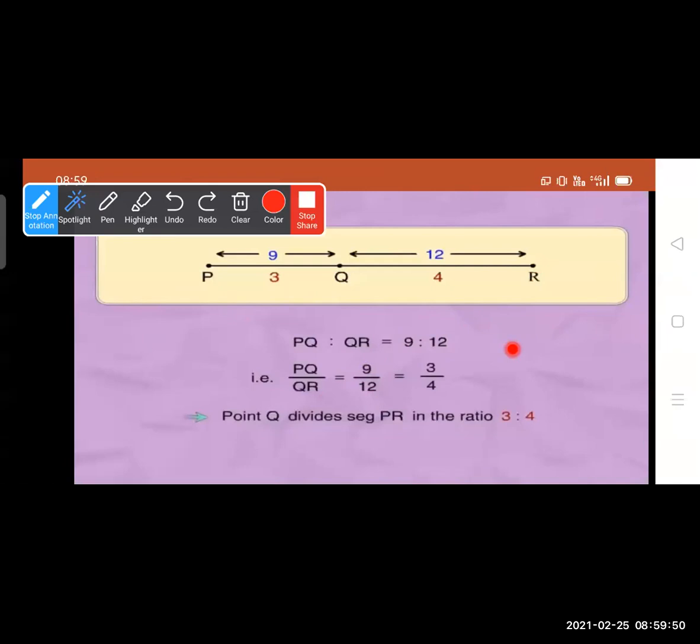So we say that this point Q divides line segment PR in the ratio 3:4. Or we can also say this point Q divides the line segment PR internally in the ratio 3:4. Okay, so in this way we find whether the point divides the line segment internally or externally.